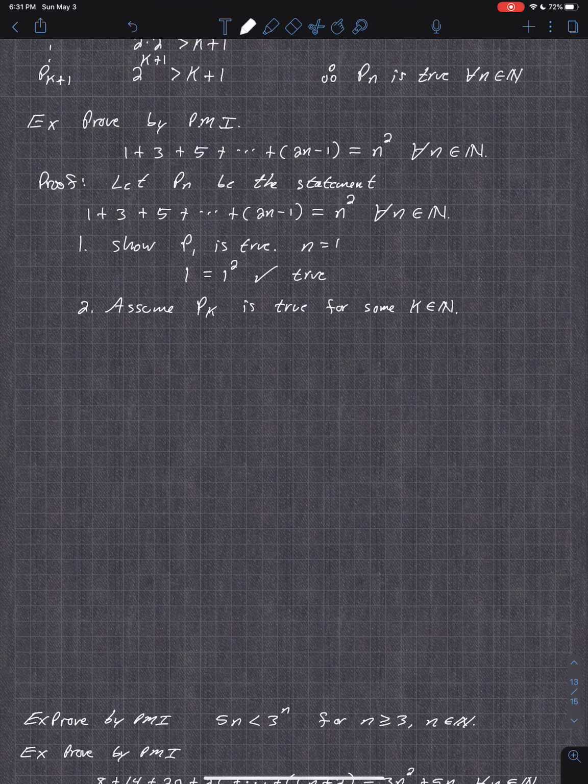All right, so then you state your P sub k here. P sub k is 1 plus 3 plus 5 plus etc. plus 2k minus 1 equal to k squared.